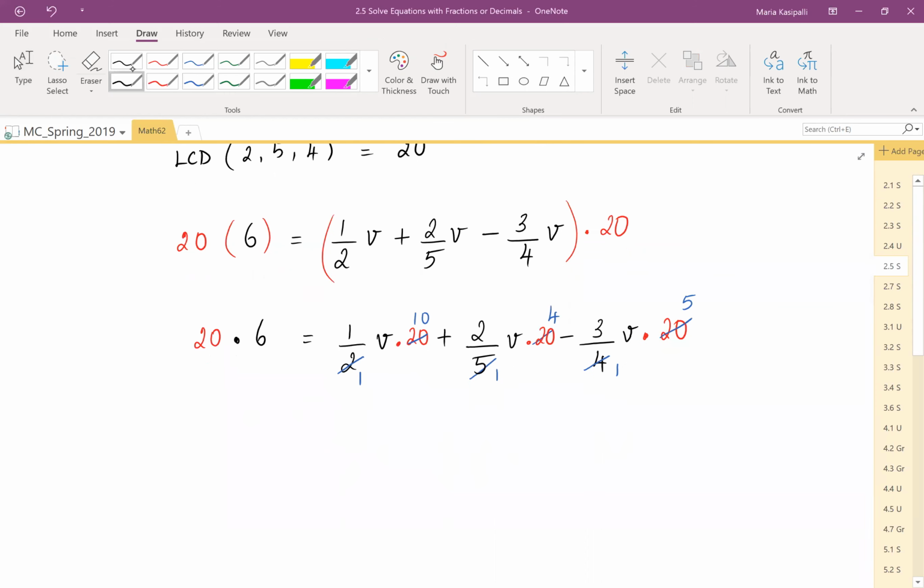All right, on the left we have 20 times 6, which is 120, equals the leftover number is 10 with a v. 4 times 2, 8v, 15v. All right, so that looks really nice.